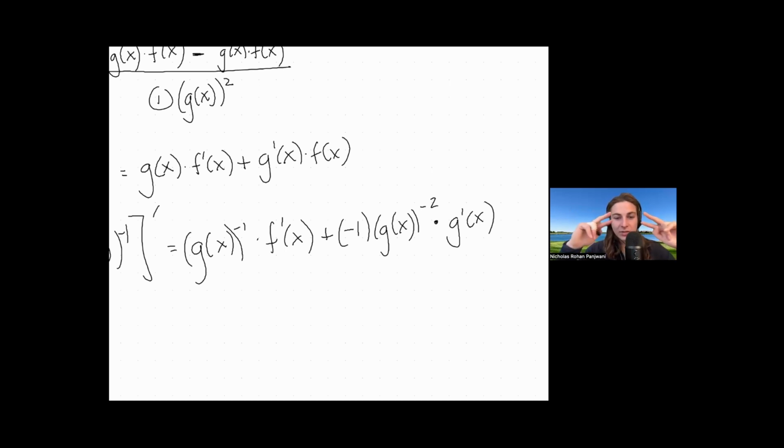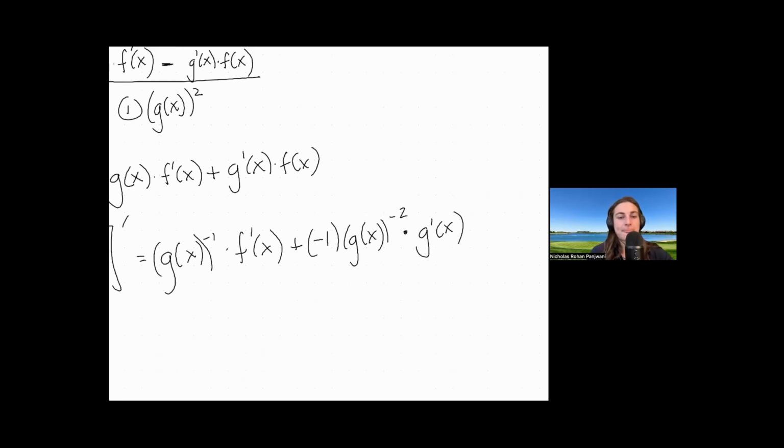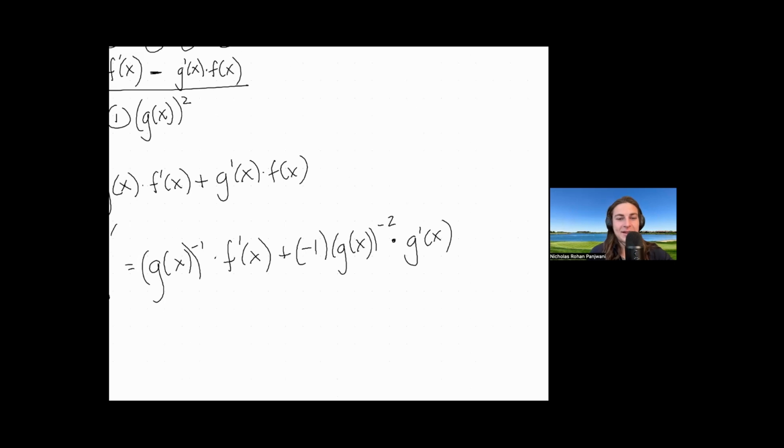But in this case, it's just two layers. We have the something raised to the power of negative 1, and then that something is g of x, where the derivative is just g prime of x in this case. Okay, all that, great. Moving on.